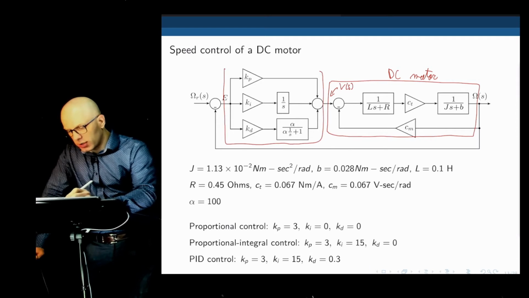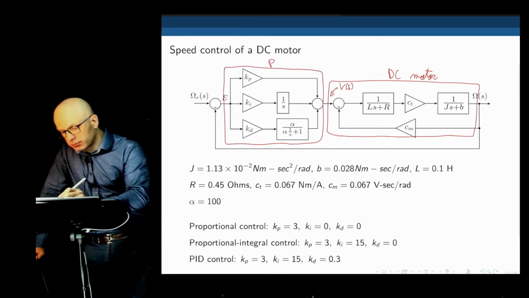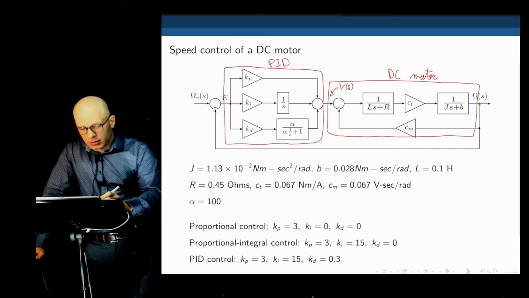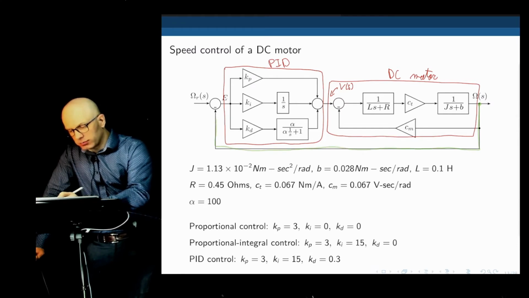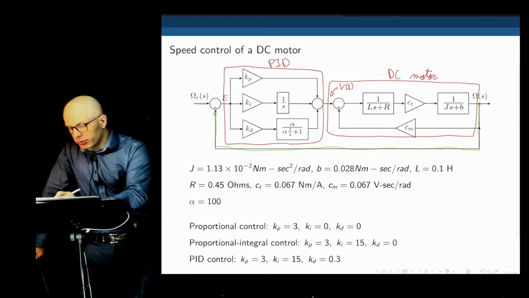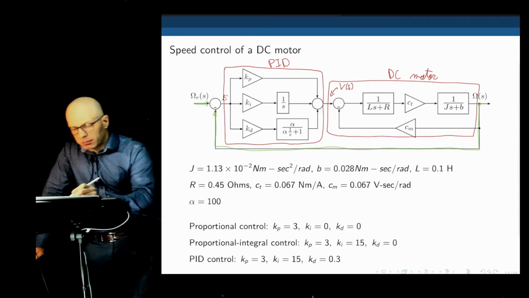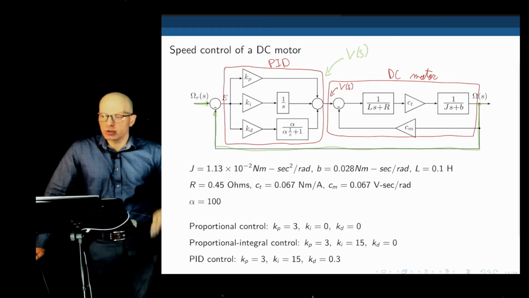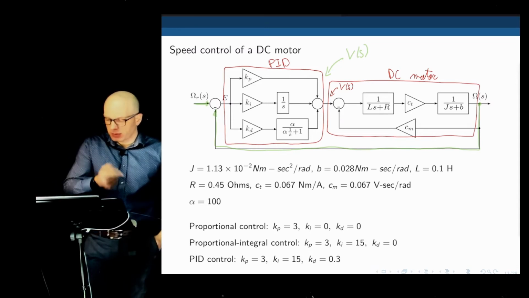You see all the 3 elements, Kp, Ki, and Kd. And then we have the feedback loop, because we cannot operate a controller without a feedback loop. So we are measuring the current speed of the motor, comparing that with a desired speed, creating an error, sending it to the PID controller. The PID controller outputs a voltage, and this voltage is the one given to the DC motor. That voltage turns into a speed, and the speed is measured back.